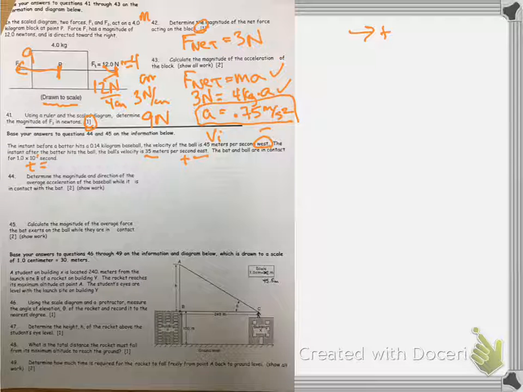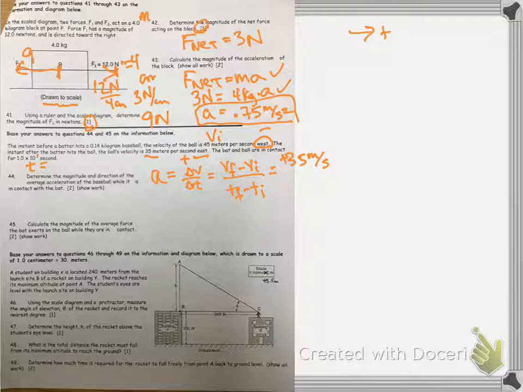Determine the magnitude and direction of the acceleration. Acceleration is change in V over change in T. It's V final minus V initial over T final minus T initial. In this case, V final is 35 meters per second east.